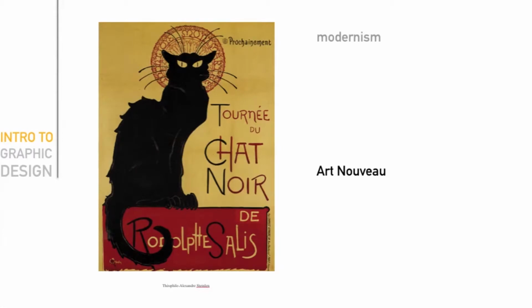Steinlen, very similar, little stylization to give that cat some personality, a decorative motif, asymmetrical balance, a curve from the eyes down into the pedestal that the cat's sitting on, hand lettering, flat color, outlines.